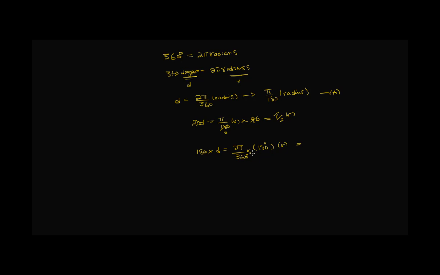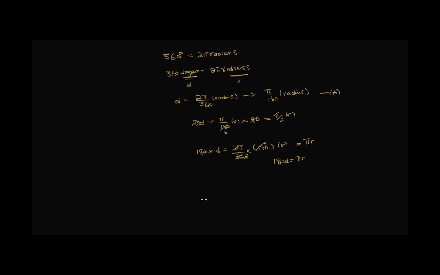Let's simplify this one. 180 times 2 is 360, and 360 cancels with the other 360 in the denominator, so we are left with pi radians. So 180 degrees is pi radians. Let me just write it explicitly: 180 degrees is pi radians.